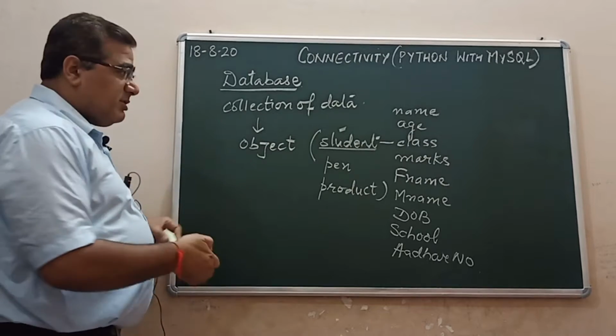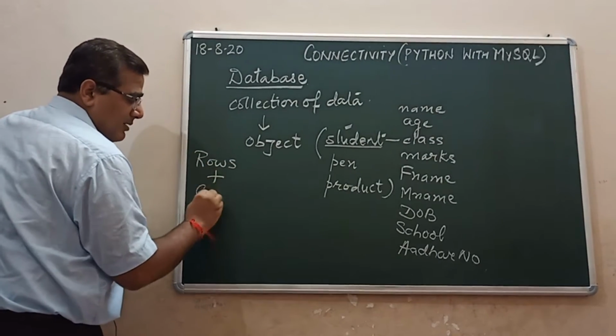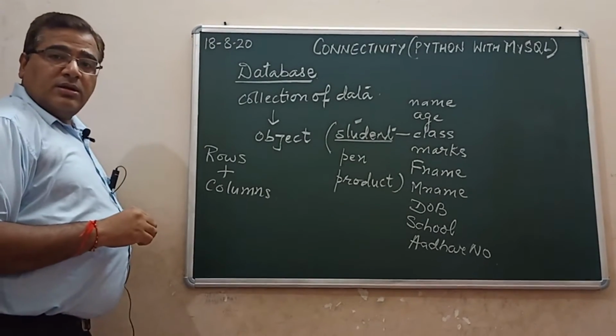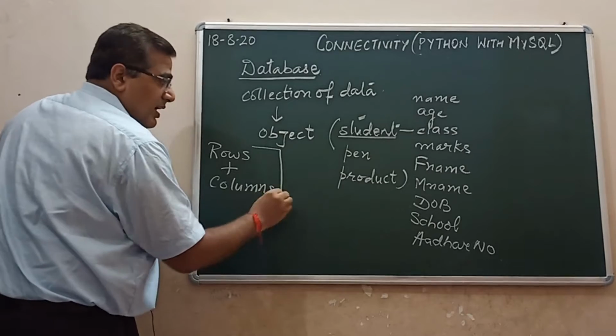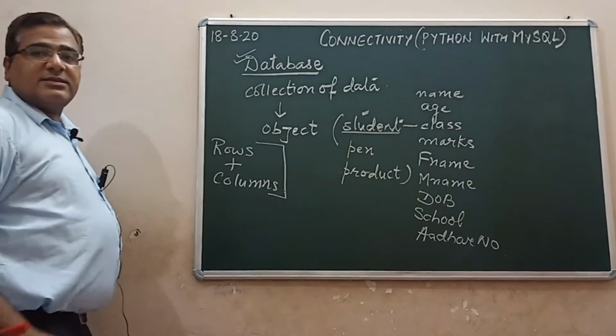Table means arrangement of data in rows and columns, right? And a collection of tables is known as a database.